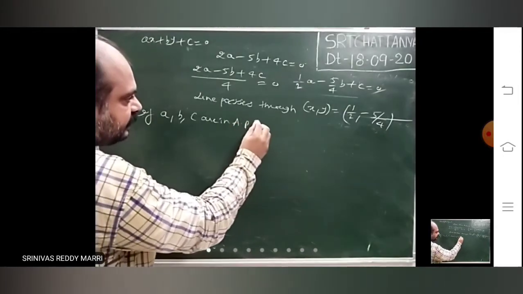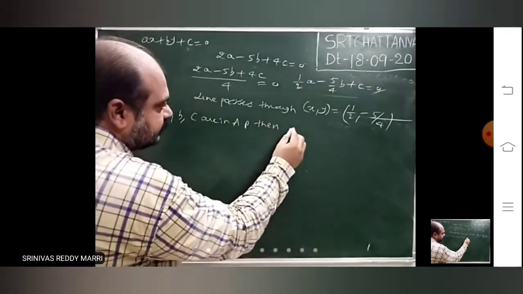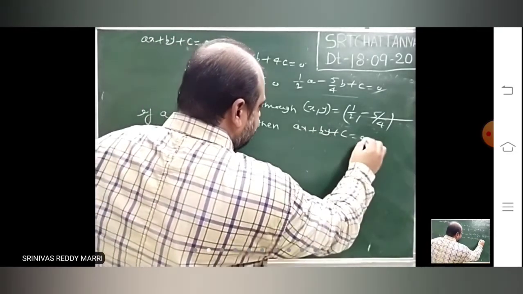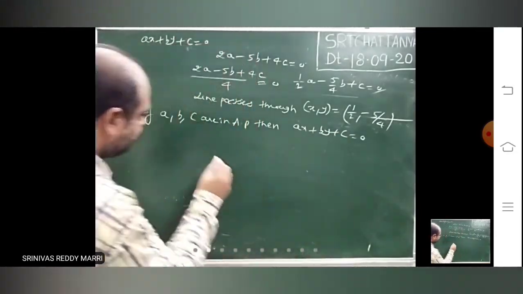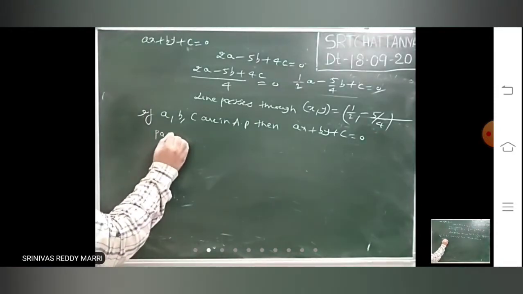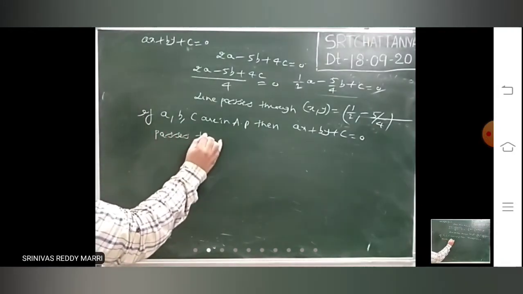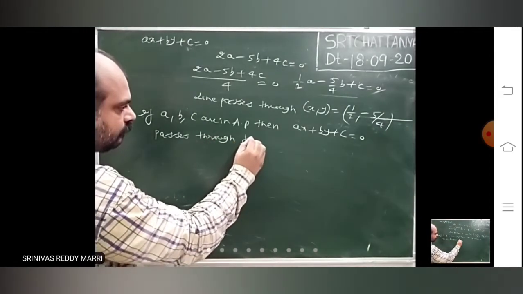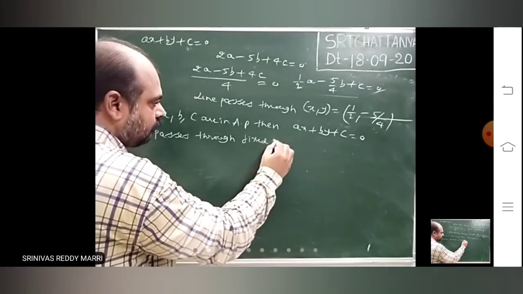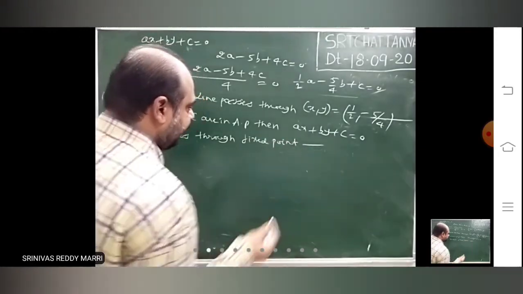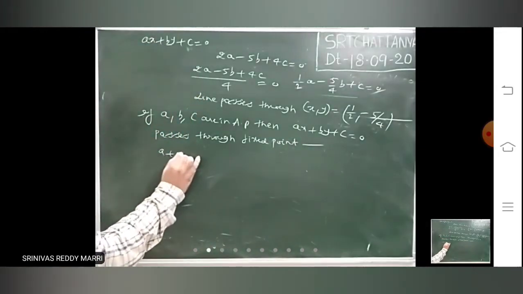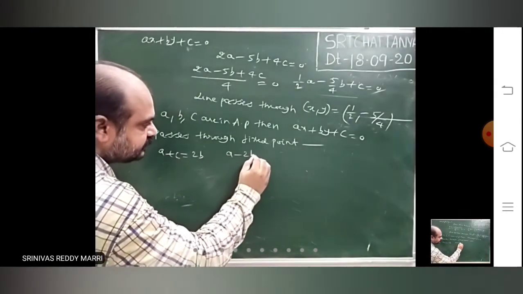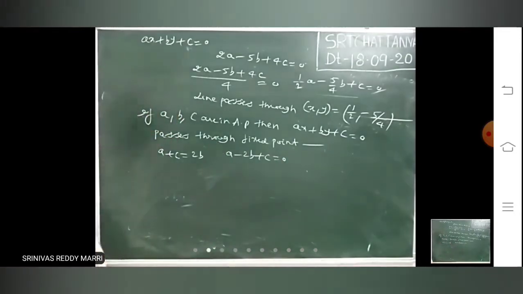If A, B, C are in AP, then the line AX plus BY plus C equal to 0 passes through a fixed point. Suppose A plus C equal to 2B, so A minus 2B plus C equal to 0.